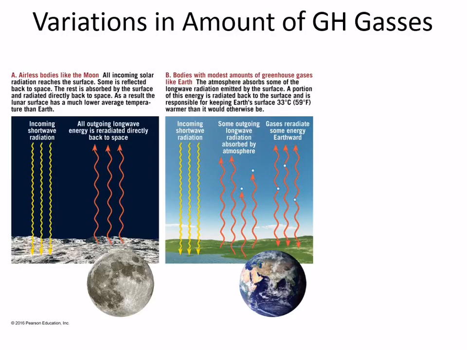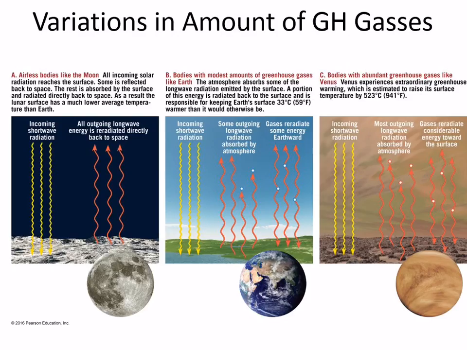So this is the Earth again, kind of showing the phenomenon of the greenhouse effect. Okay, so we have energy in, and these would be the particles. And then last but not least is Venus. The thing about Venus versus the Earth is Venus has even more carbon dioxide than the Earth.